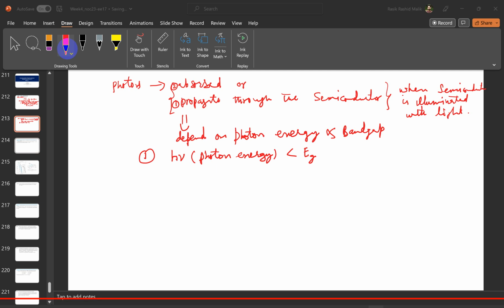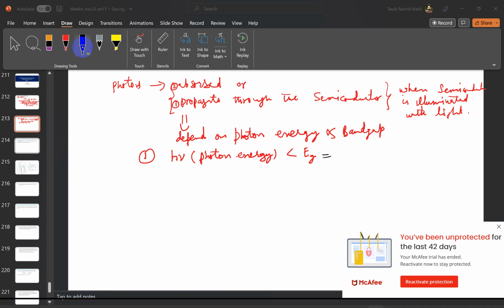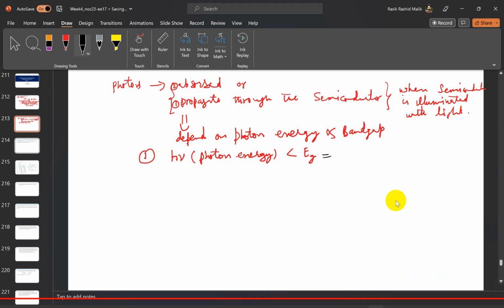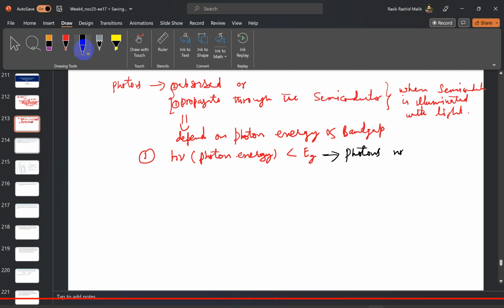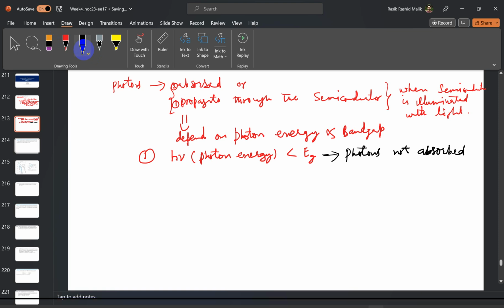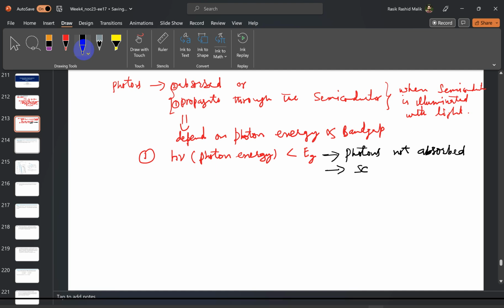So the semiconductor is transparent for such a case.